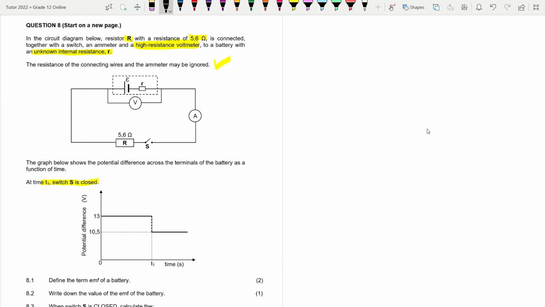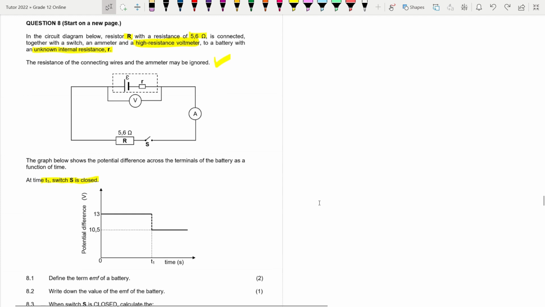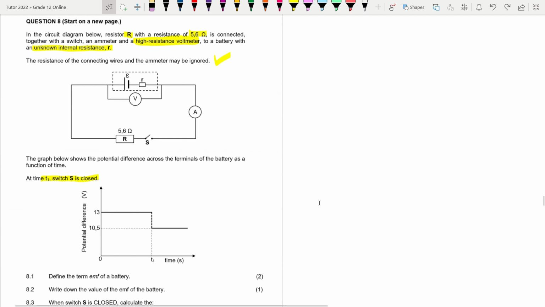So once again, we have our diagram. We write everything that's given. R is not known, the small r, but the big R is known. So also we have a switch which is closed at t1. So before that, it is open. Okay. Going to the questions.